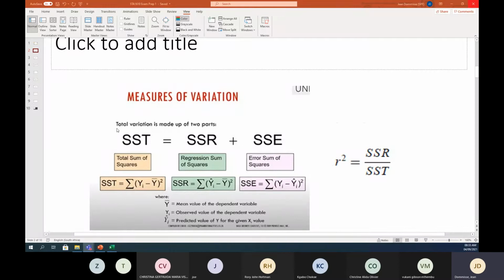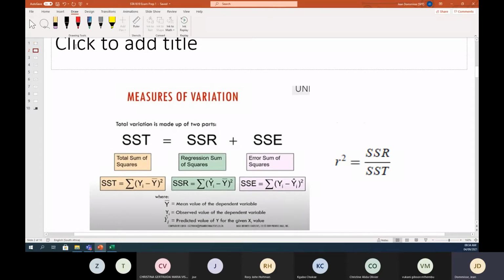Okay, so basically, what is a measure of variation? This formula seems very simple, and the SST, the total sum of squares, is the one that is very easy to get your information from.